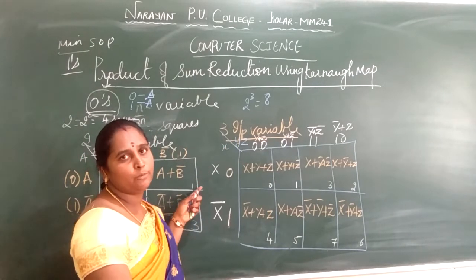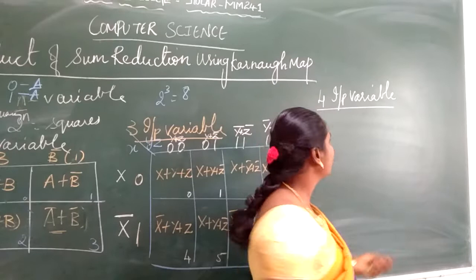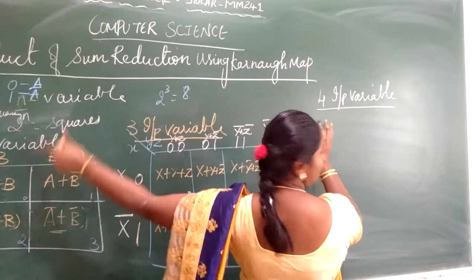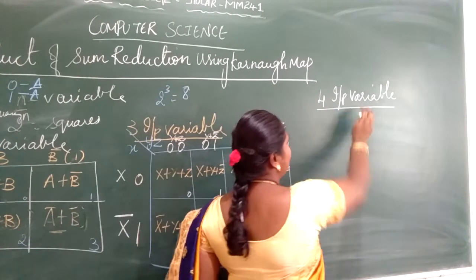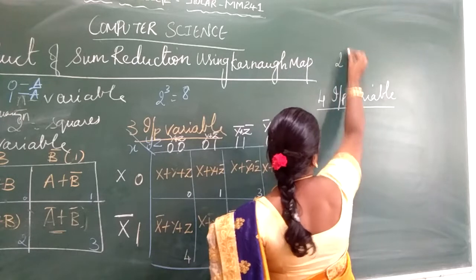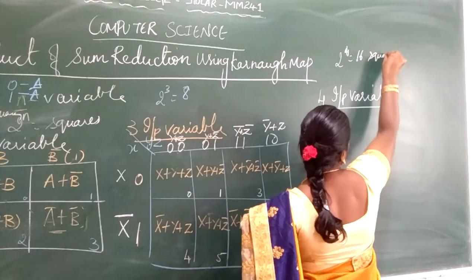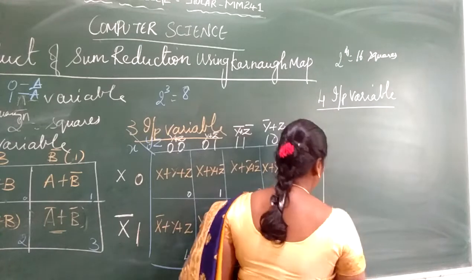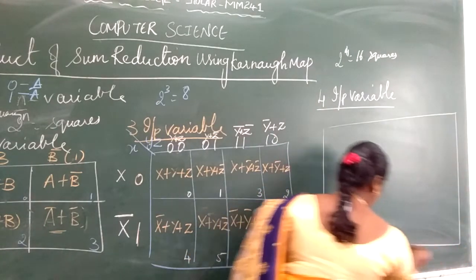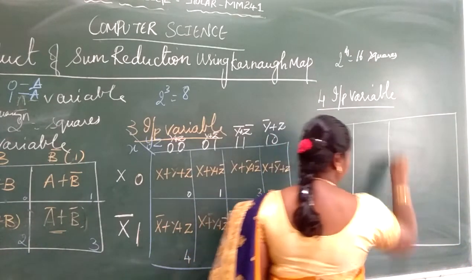Let's see 4 input variables. We have seen 3 input variables and 2 input variables. For 4 input variables, 2 to the power 4 is 16, so 16 squares should be represented in your K-map. So first draw your K-map, divided into 16 squares.